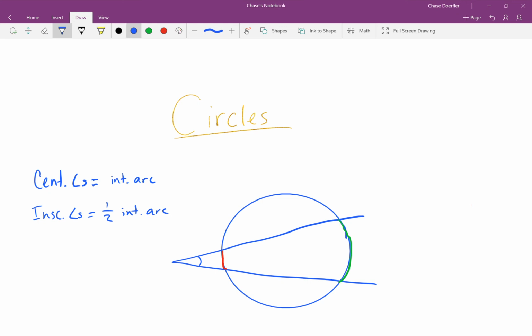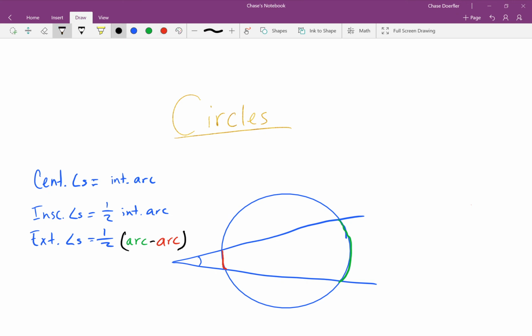So the exterior angle is going to be equal to 1/2 of the second arc, which is in green, minus the arc closest to it, which is in red.